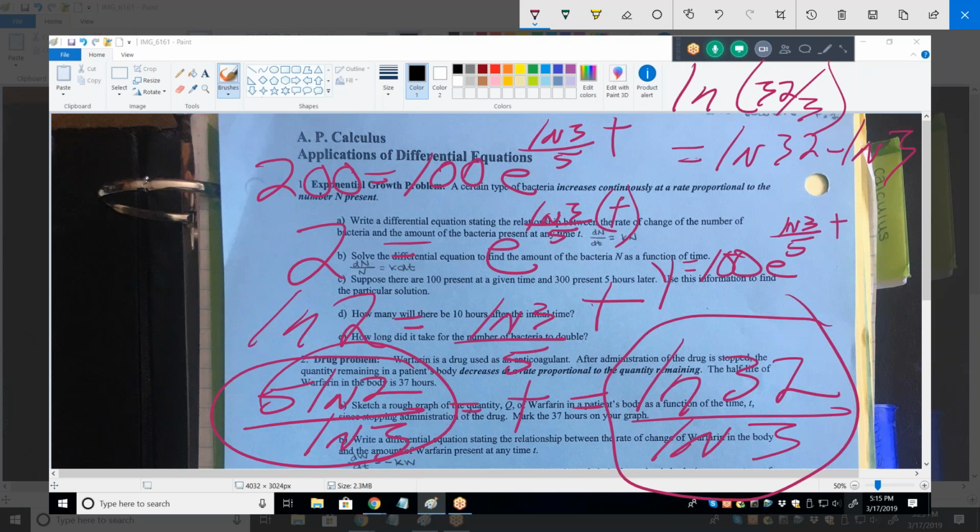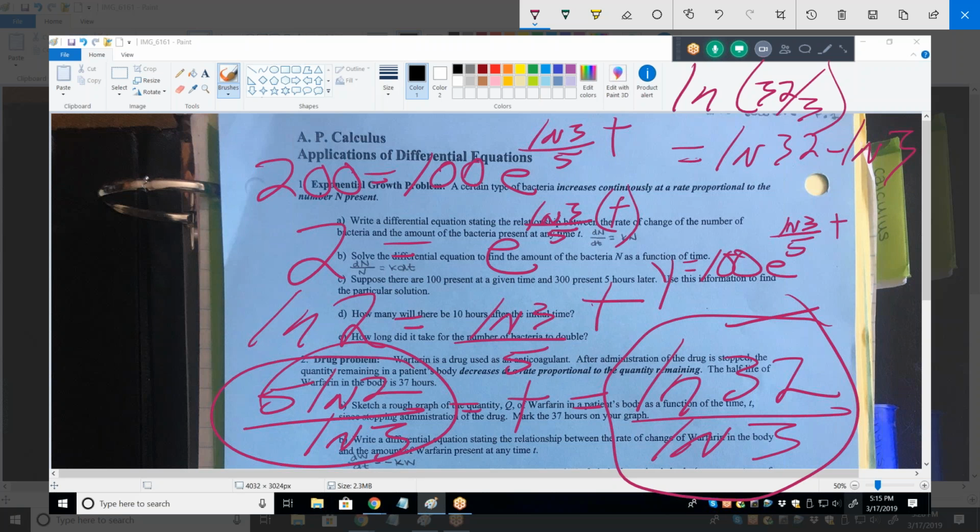There's times where you can do that. If I got the natural log of x equals the natural log of y, then I know x equals y. You can kind of look at it like you're dividing both sides by ln. But it's not really the natural log multiplied by 32. It's the natural log of 32, which is a specific number.